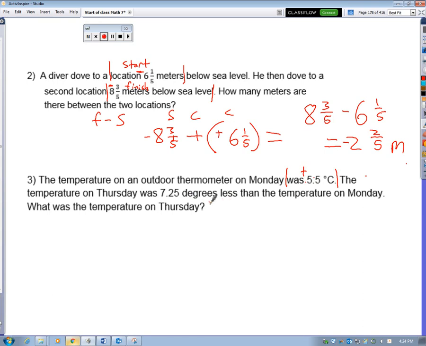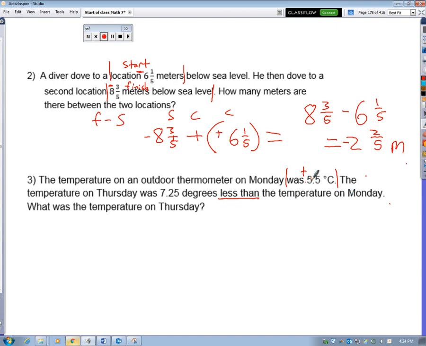How you can tell this is a subtraction problem, this less than always lets you know that we have subtraction going on. So we're going to subtract these two numbers. It says 7.25 less than the temperature Monday.